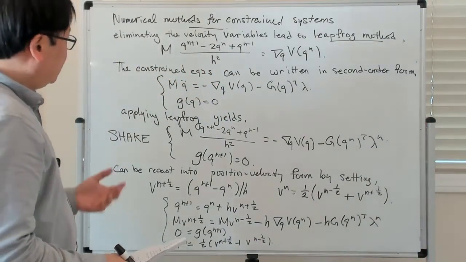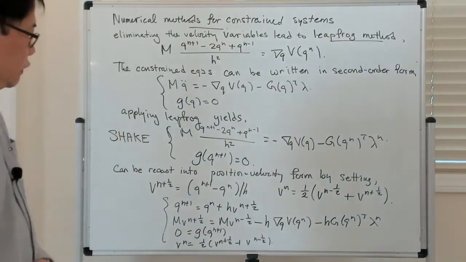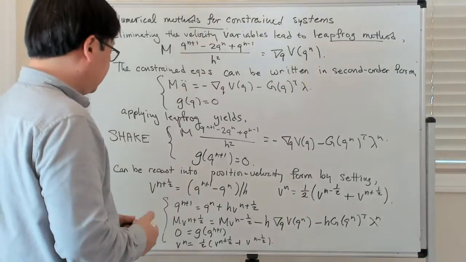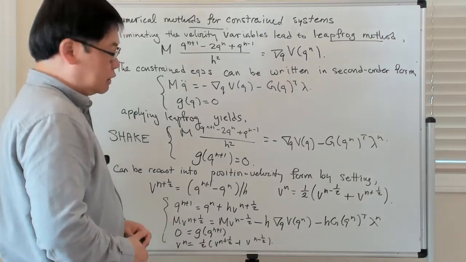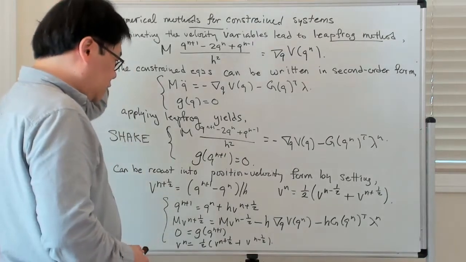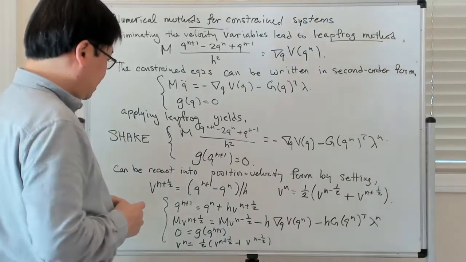So you might ask, what's the rattle method? The thing to observe with the shake algorithm is that the velocities don't necessarily satisfy the condition for being in the tangent space to the constraint manifold.